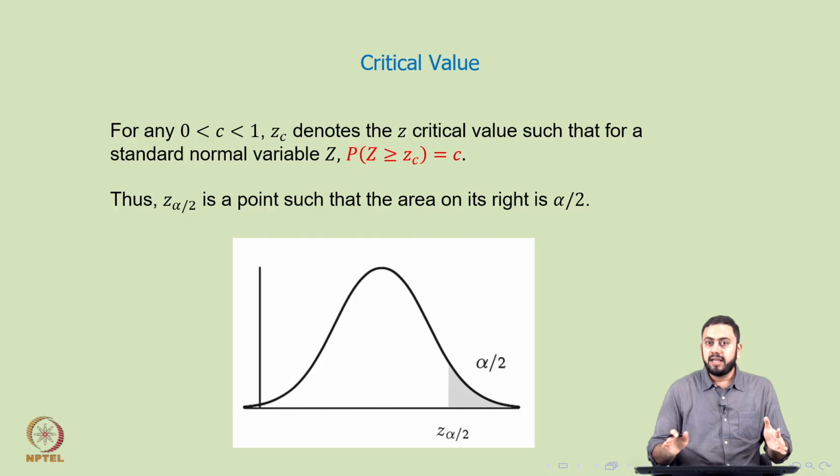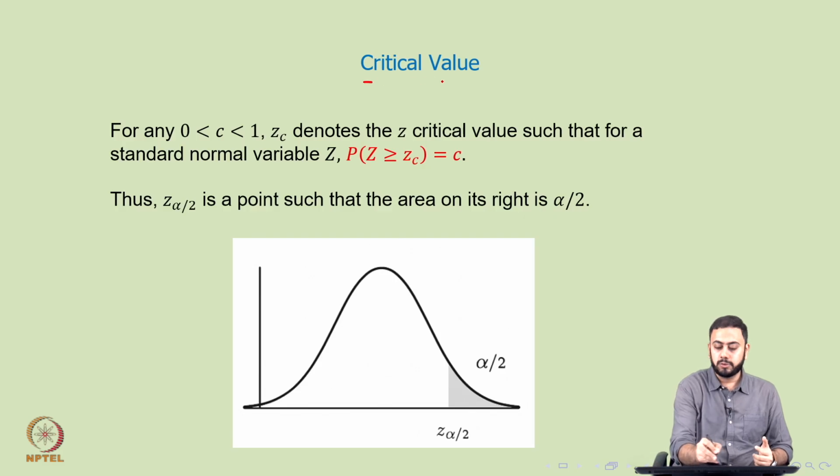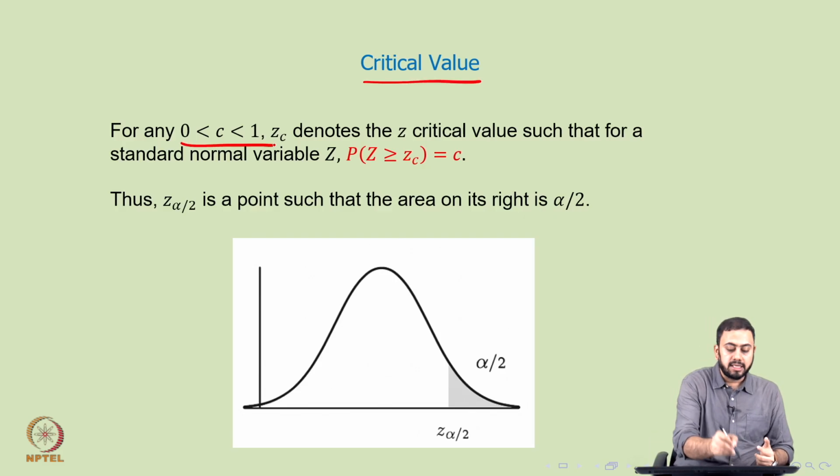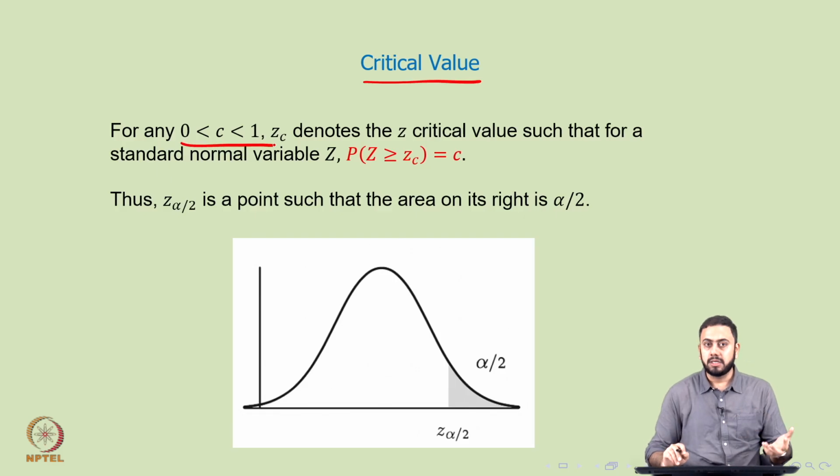Alright, so now the idea is to put forward a general confidence interval, but for that we require one very important idea called the critical value. What do you mean by critical value? Let us say you fix some number C between 0 and 1. So C is a constant between 0 and 1.